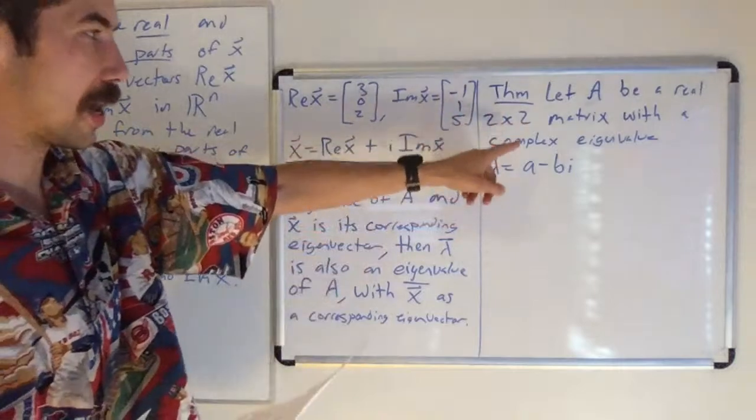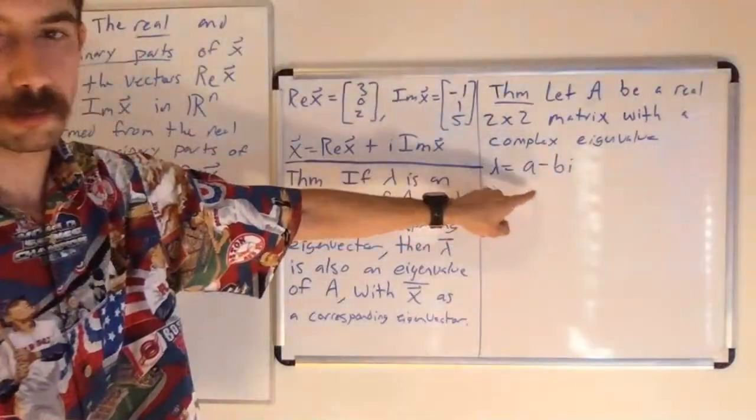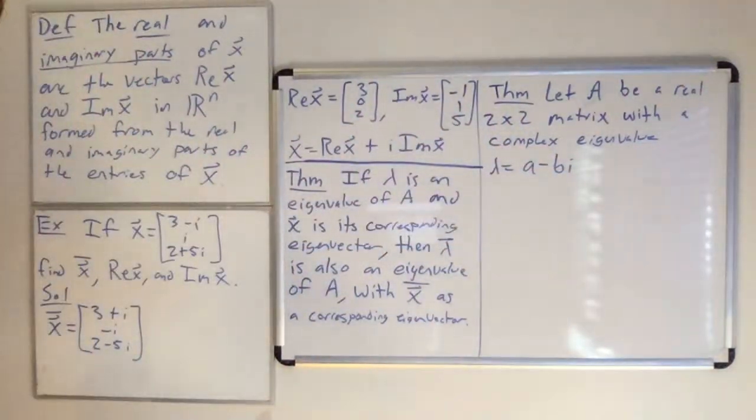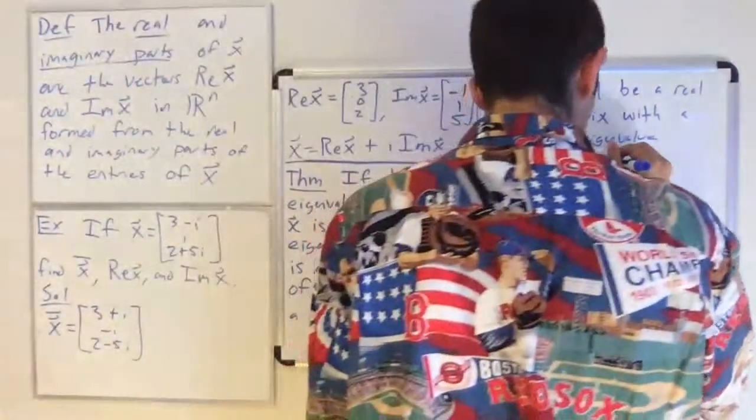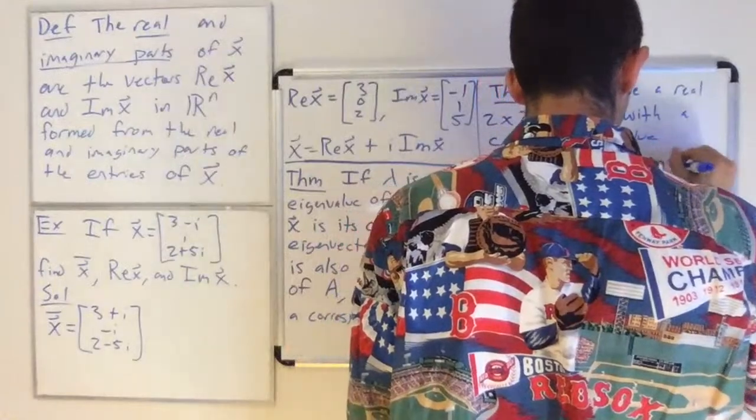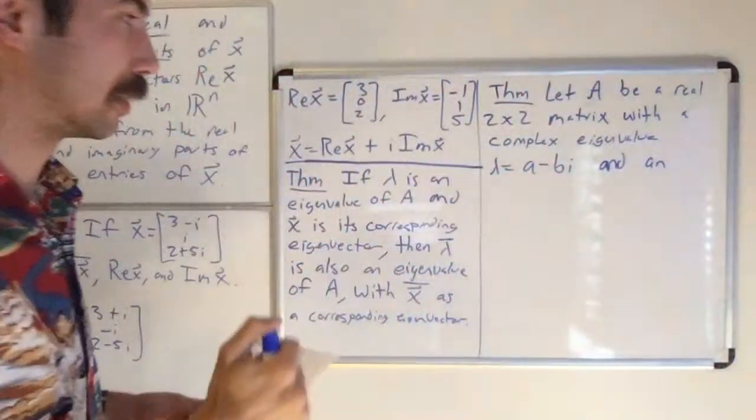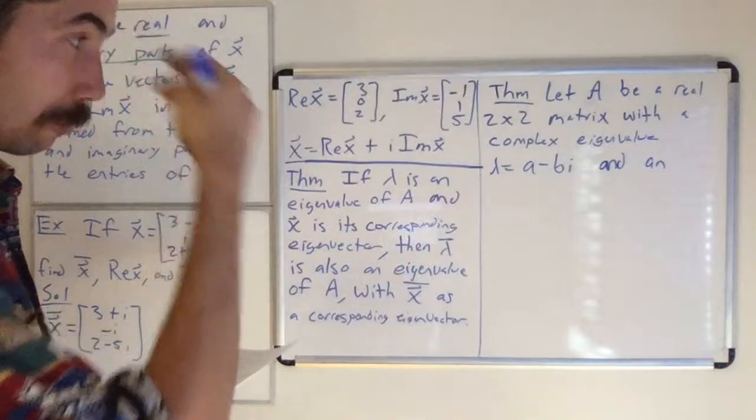And suppose that A has a complex eigenvalue lambda equals a minus bi, and the eigenvector associated to lambda we'll call v.